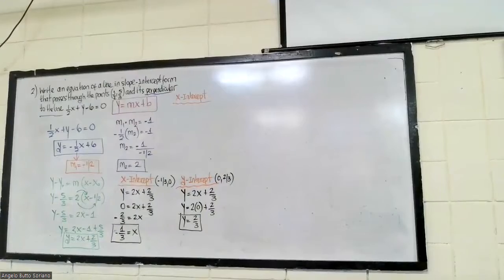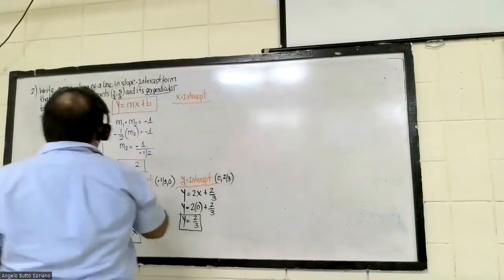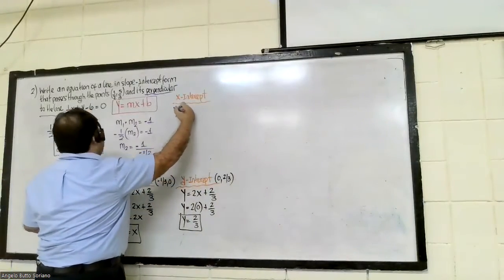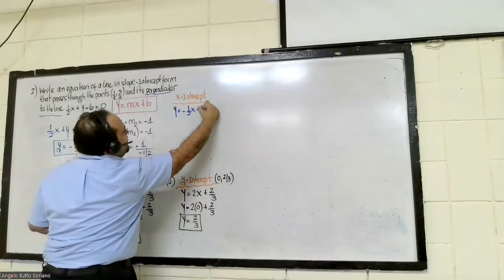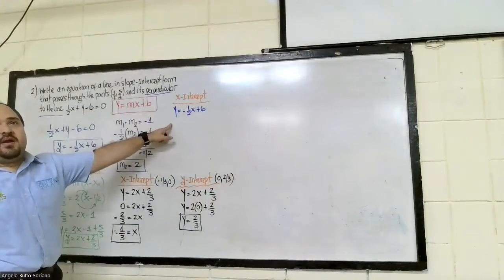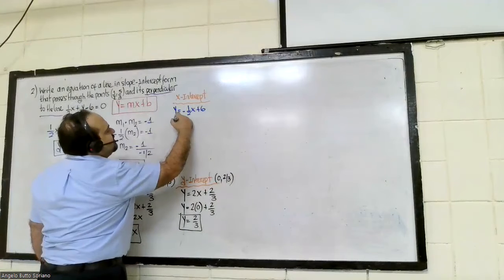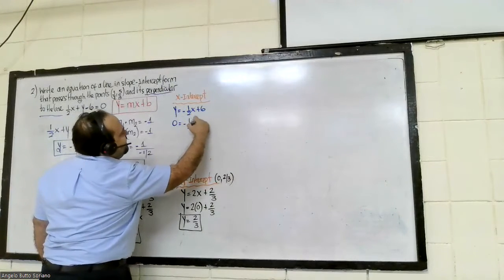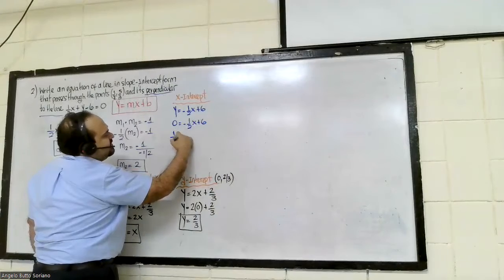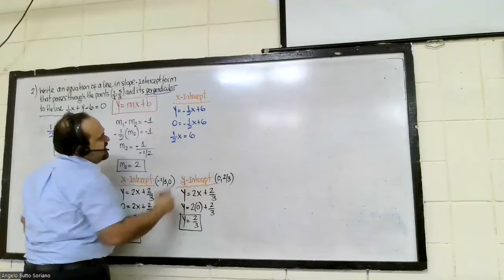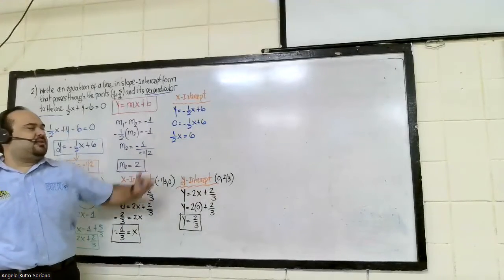All right, let's copy the first equation. Y equals negative 1/2 x plus 6. Change the y variable by 0. Negative 1/2 x plus 6. This is subtracting, it passes to adding. And because this number 2 is dividing, it passes to multiplying.